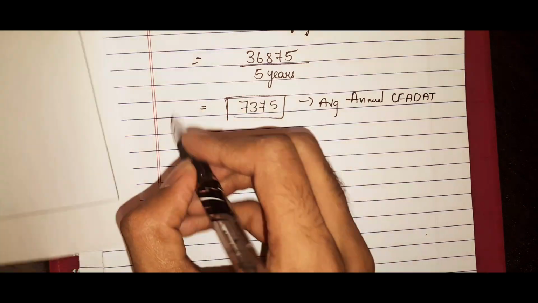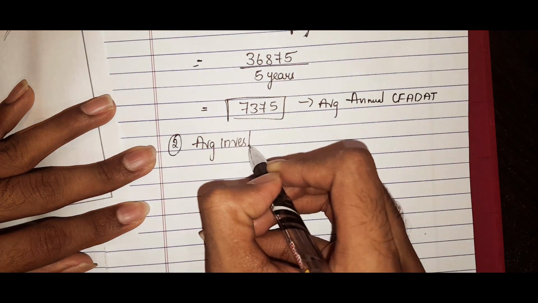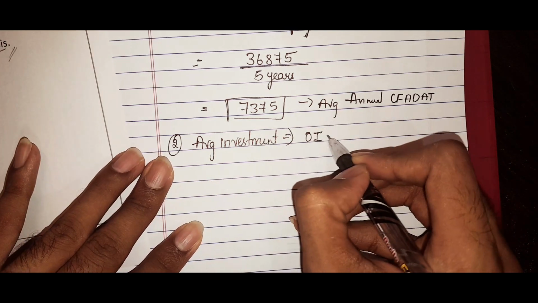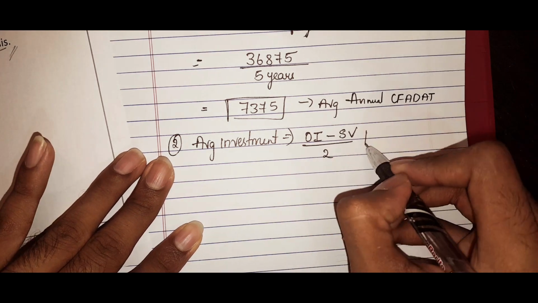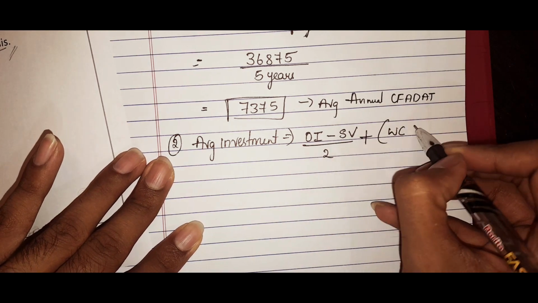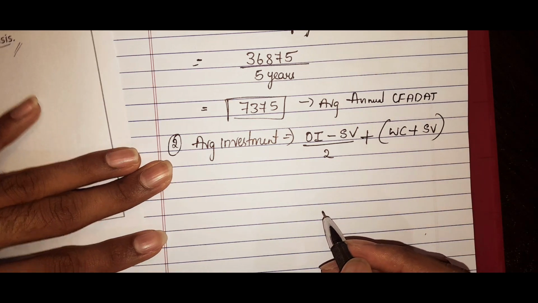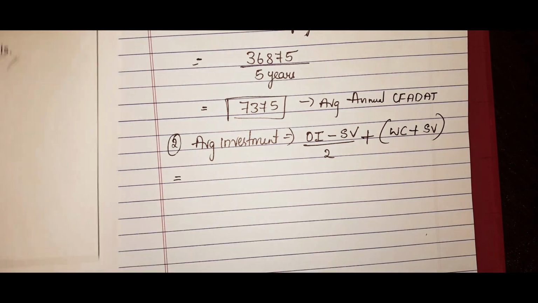Now the second step, we need to find out average investment. The formula is original investment minus scrap value divided by 2 plus working capital plus salvage value or scrap value. So this is the formula. Now let us try to evaluate it.